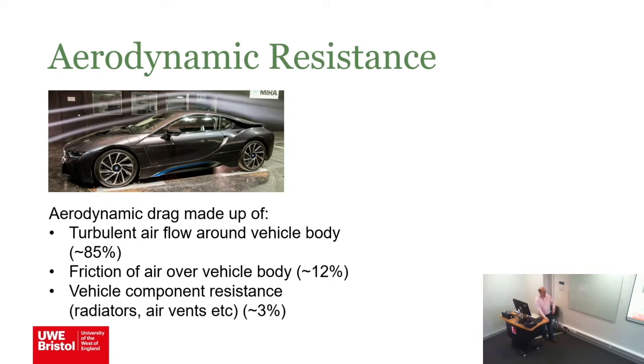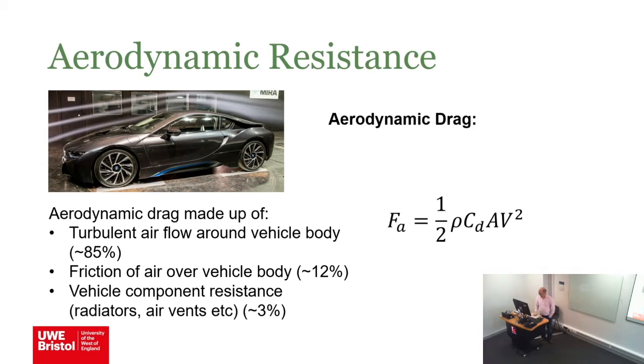And there's also air going into the vehicle through the grille and various other vents and things like that, which obviously also creates some resistance. And that's more or less how they compare. The biggest, like I said, is this one here. Well, these are all encapsulated in this equation.